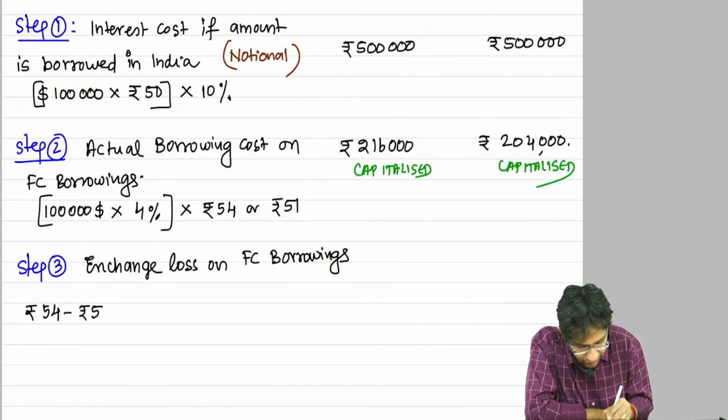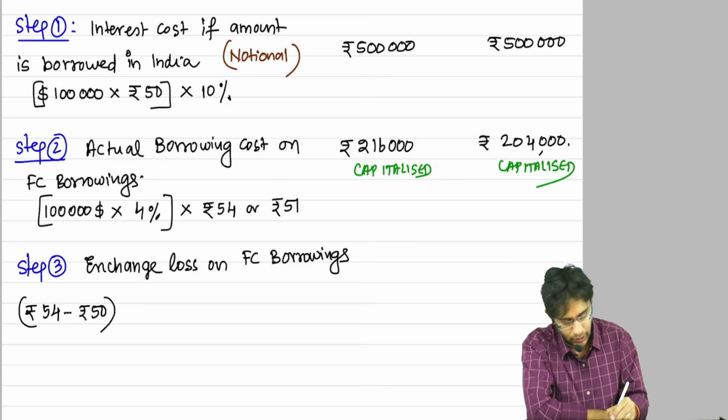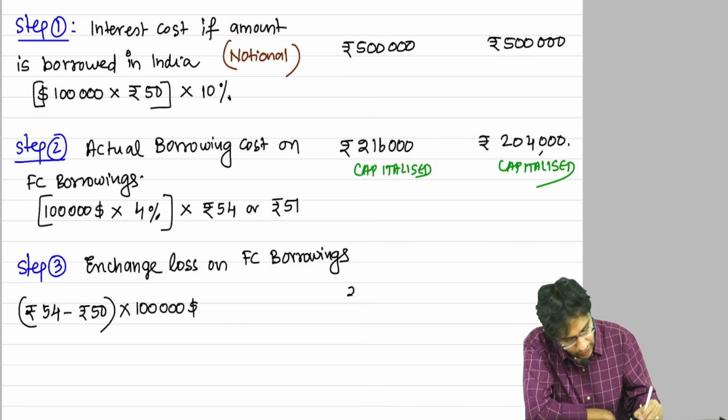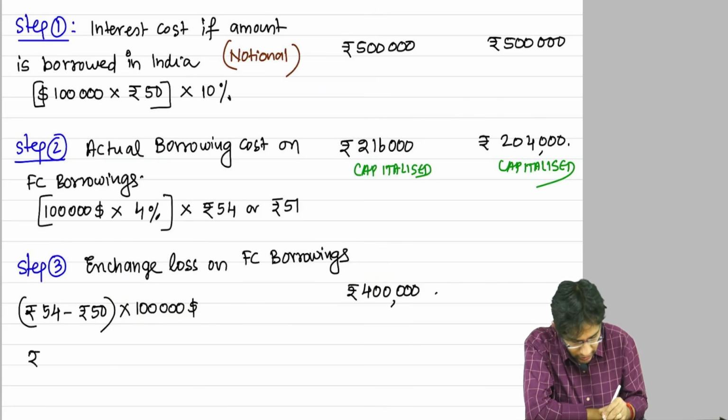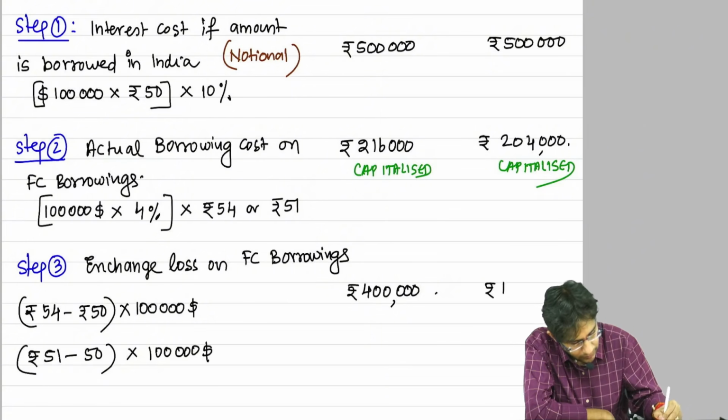Today it became 54. So on every dollar, 4 rupees I have to pay more if I repay now. Like that on $1 lakh, my loss is 4 lakhs in one case. In another case, 1 rupee loss, $1 lakh. So 1 lakh.